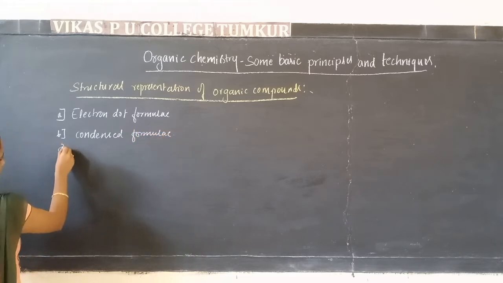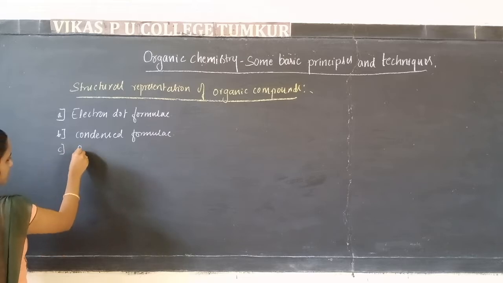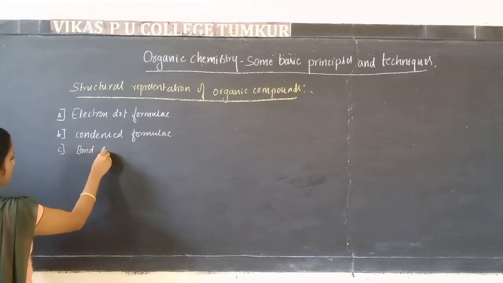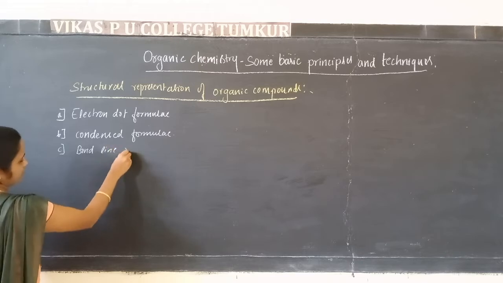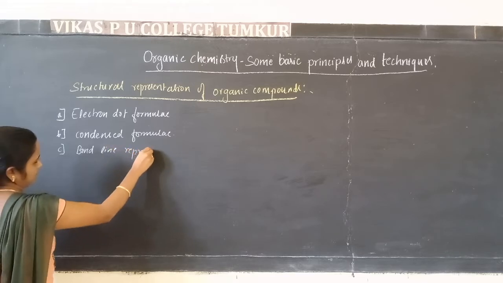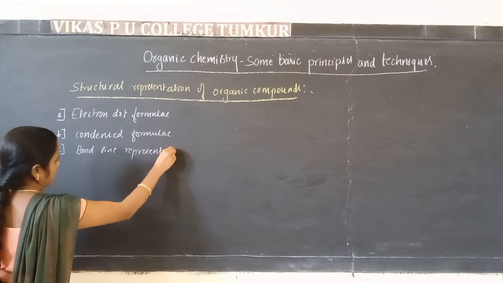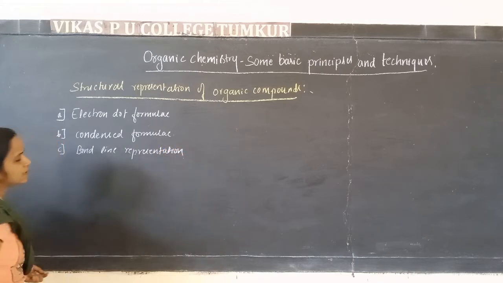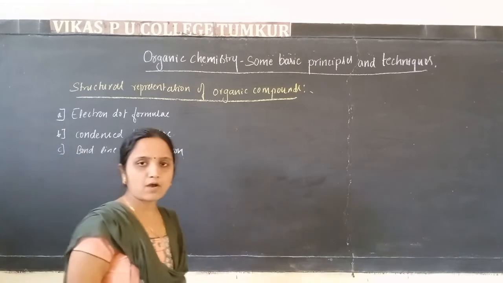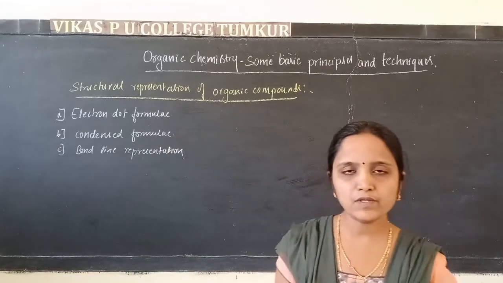Then the third one is the bond line representation. In this class, we will discuss the electron dot formula first.